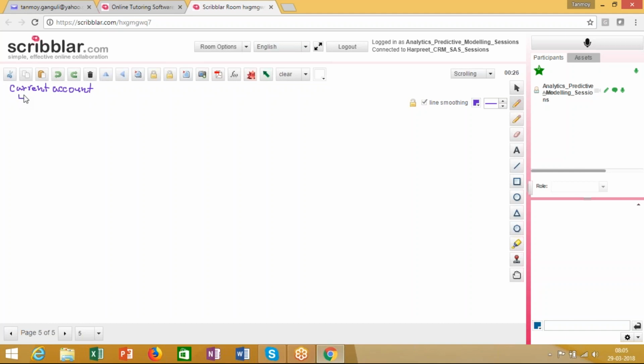A current account is one which helps me by allowing me to overdraw money from my account. It helps us to draw out more money.